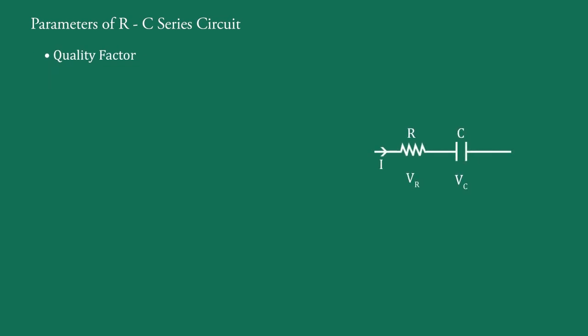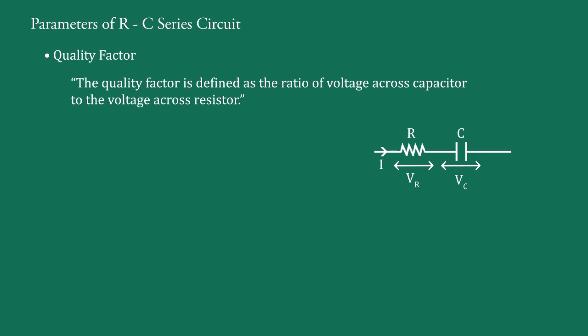Now quality factor Q. The quality factor Q is defined as the ratio of voltage across capacitor to the voltage across resistor. That is Q equal to VC upon VR. Let current through the circuit be I, therefore Q equal to VC, that means I into XC, or I into 1 upon omega C, upon VR, that is I into R, and therefore Q equal to this.